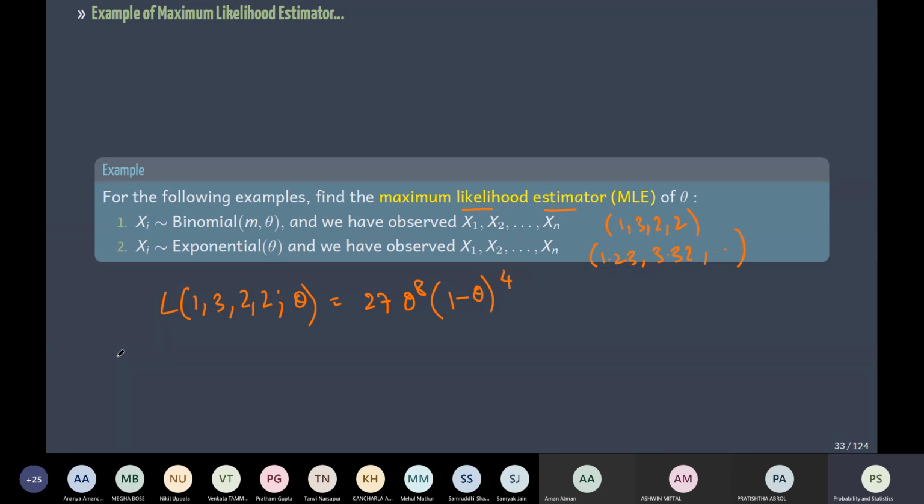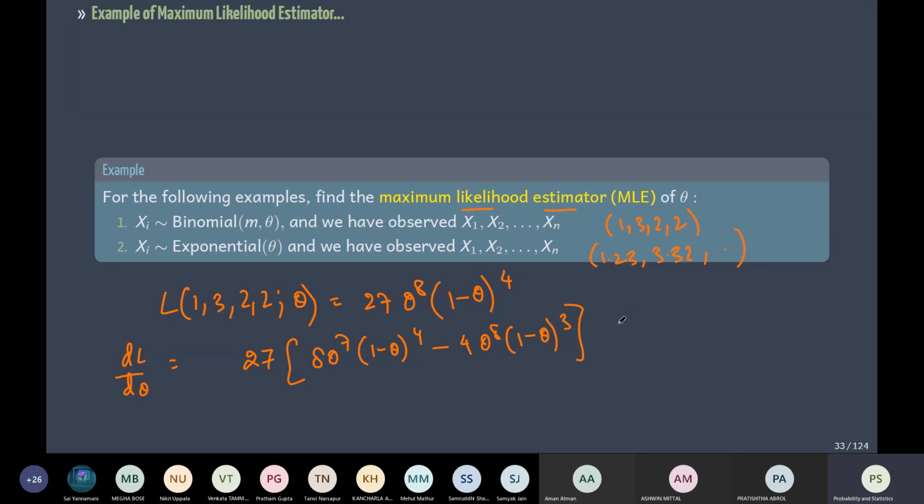To find the maximum value, we have to do del L by del theta. If I differentiate this and equate it to 0, that's how we find the maximum, right? We get 8 theta to the 7 (1 minus theta) to the 4, minus 4 theta to the 8 (1 minus theta) cubed.